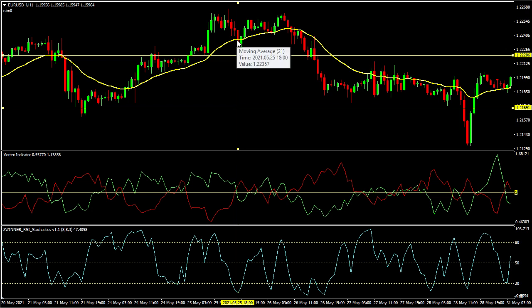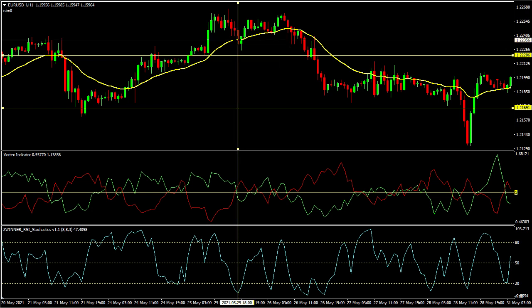So instead of 1:2 risk to reward ratio, you better play safe and get out here. Now if you get out here, you make a profit of 14 pips.